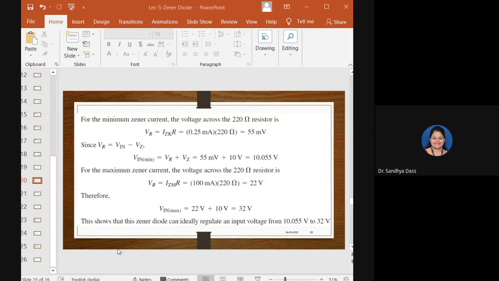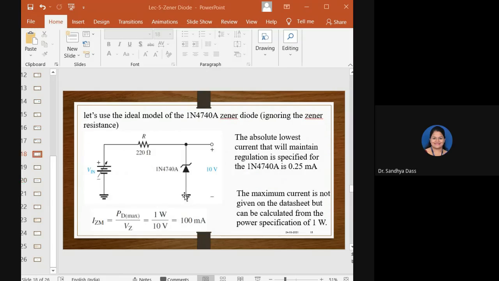Let me summarize. So what was asked was, for the circuit shown here, and as indicated by the circuit, the voltage across Zener diode given by VZ is equal to 10 volts.